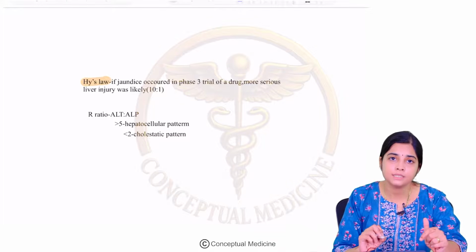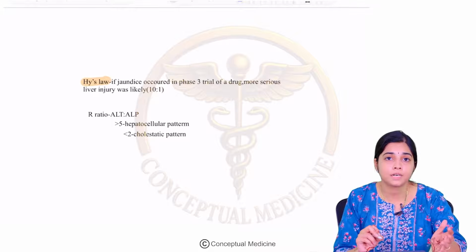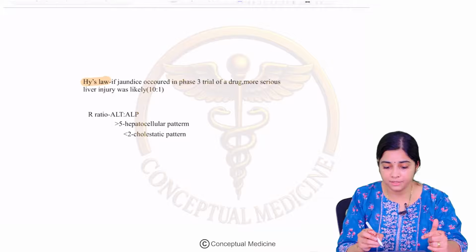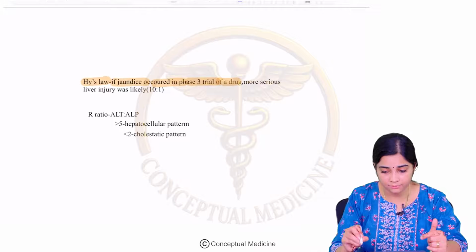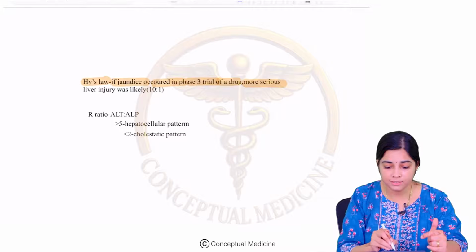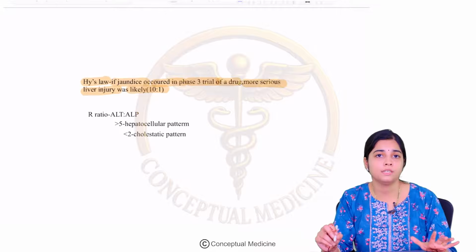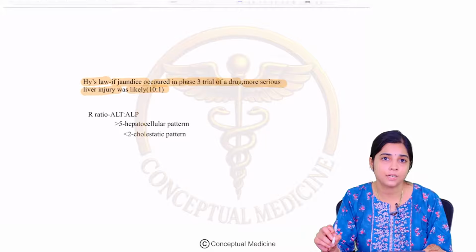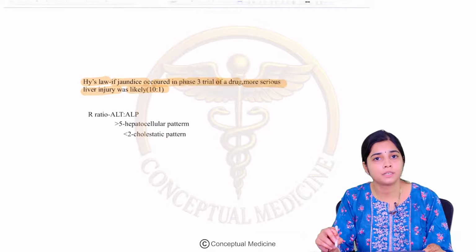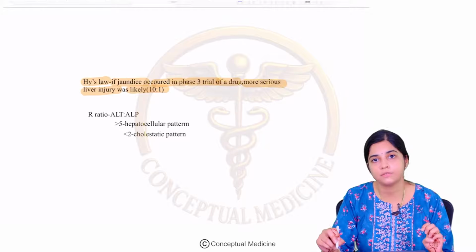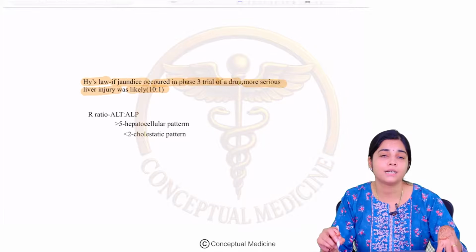So this states that whenever you're doing clinical trials for a particular drug, if jaundice occurs in the phase 3 clinical trial, then the drug is more susceptible to liver injury. That means if the drug is continued, there is a 10:1 higher chance of it causing drug-induced liver injury. So this is what Hy's law states.